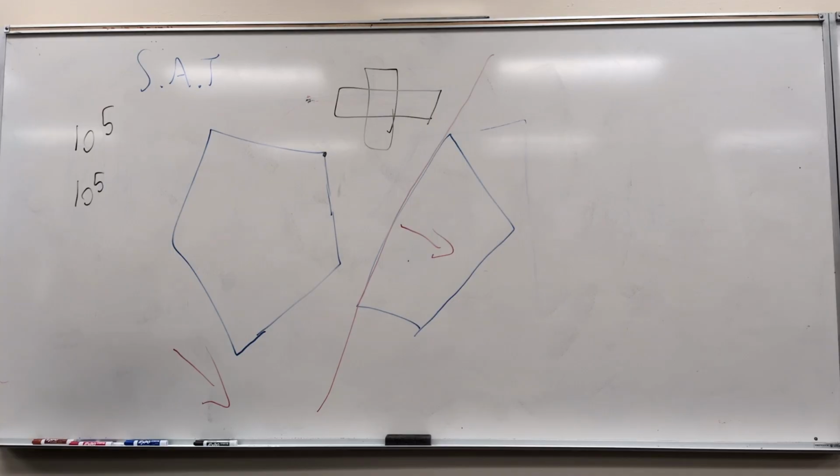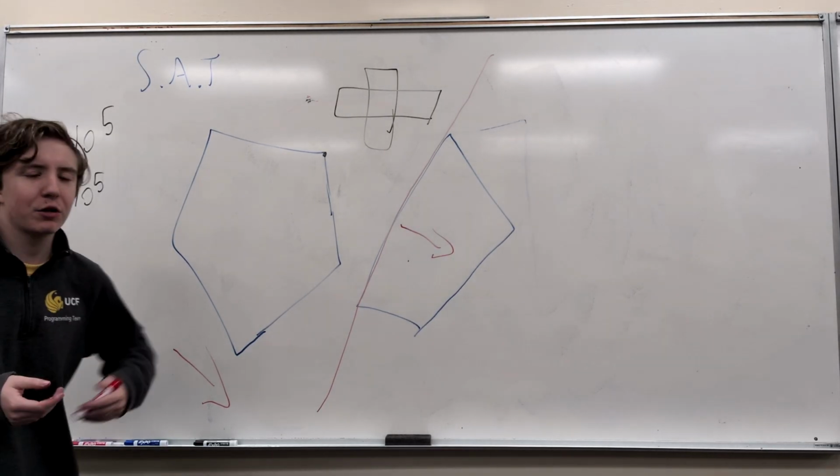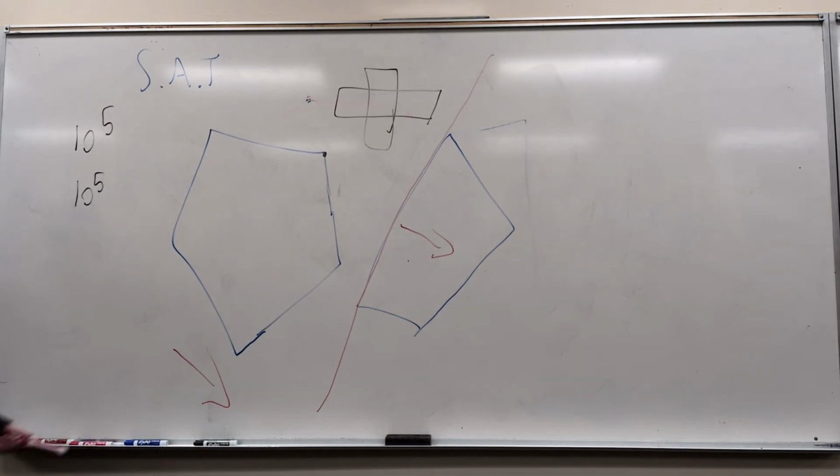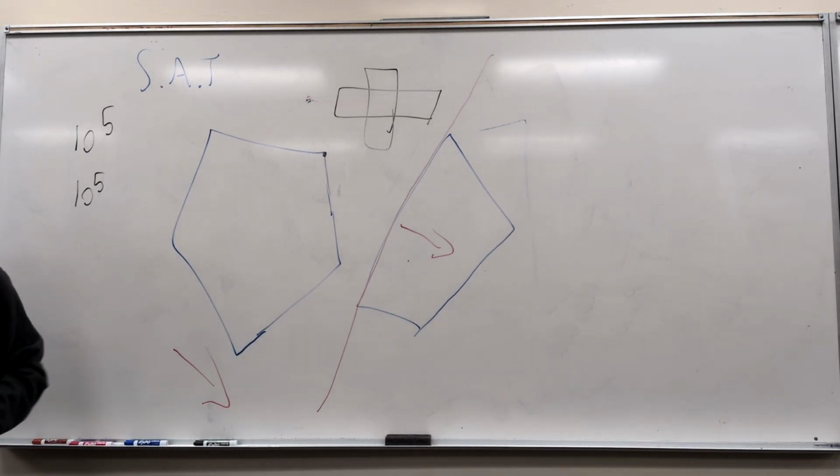If that never ends up being true for any of the things we query, then the polygons do intersect, right?